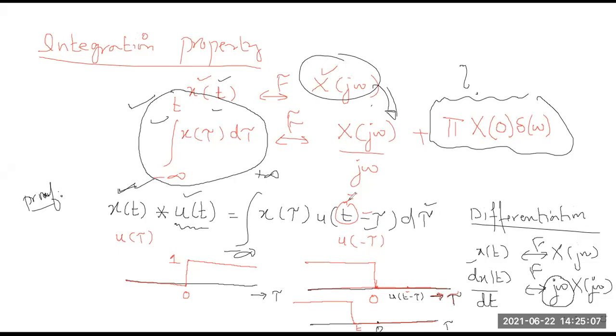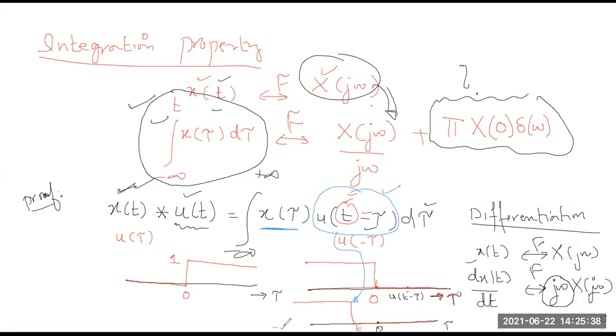So now this signal, u of t minus tau, graphically, it will be like this. When you take this signal and multiply it with x of tau, the limits are from minus infinity to plus infinity. But we know that this signal is only non-zero up to small t.